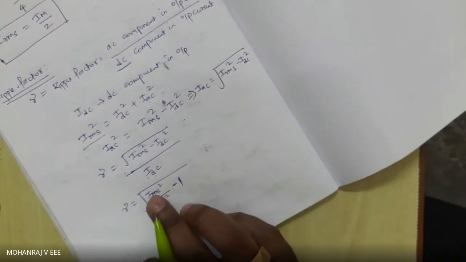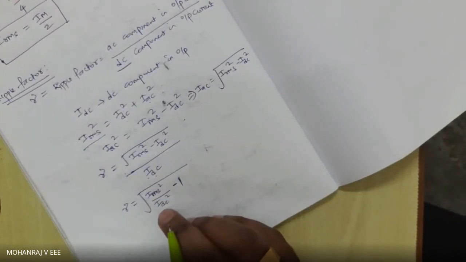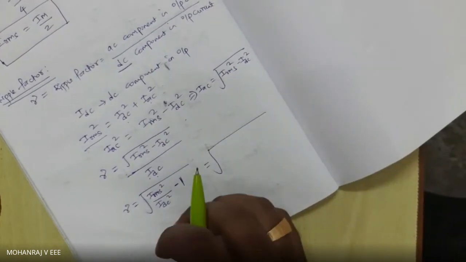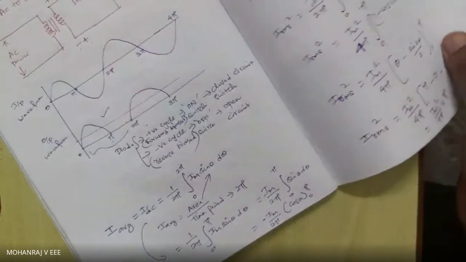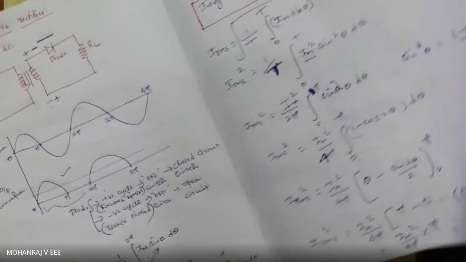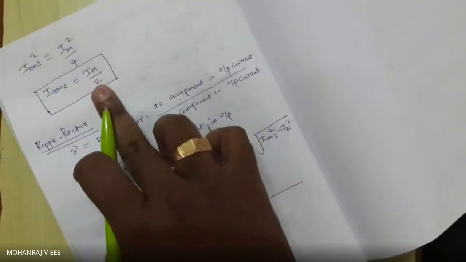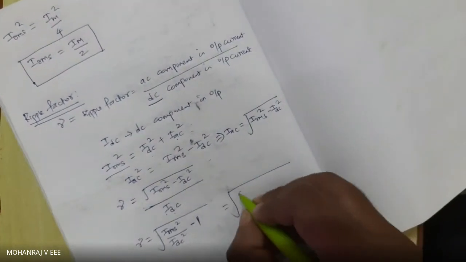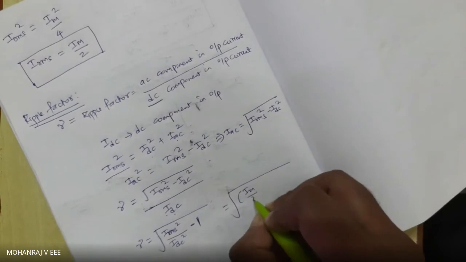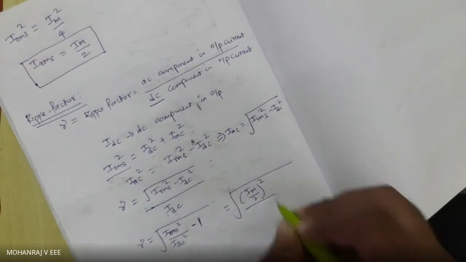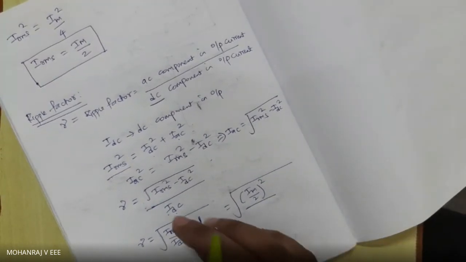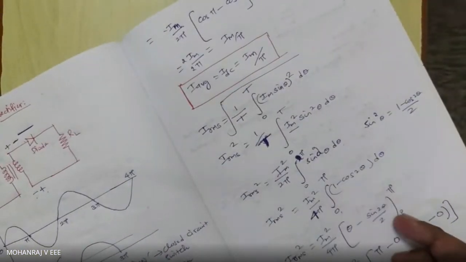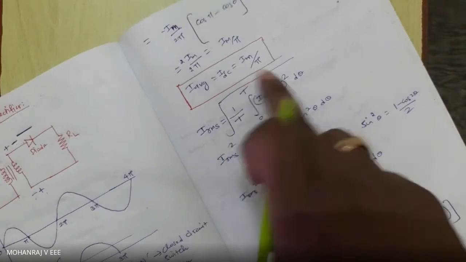Now substitute the value of IRMS and IDC. We know the expression for IRMS is Im by 2. Im by 2 is the expression for IRMS. So Im by 2 the whole square divided by IDC the whole square. What is my IDC? My IDC value is Im by pi.